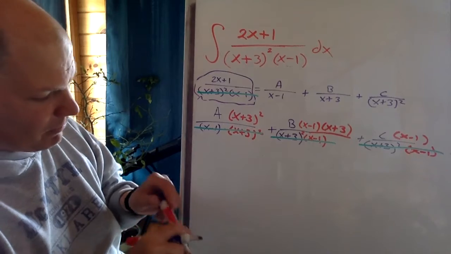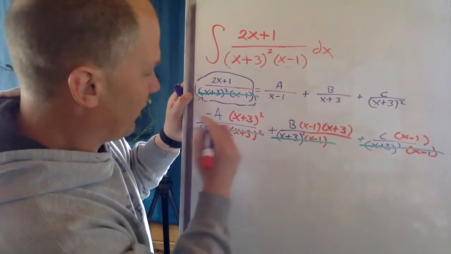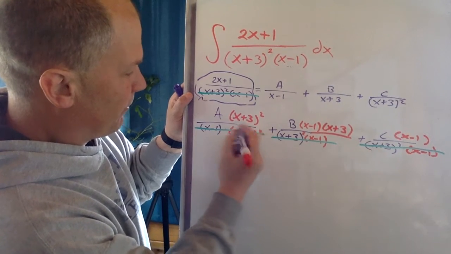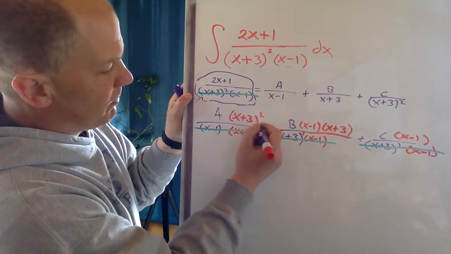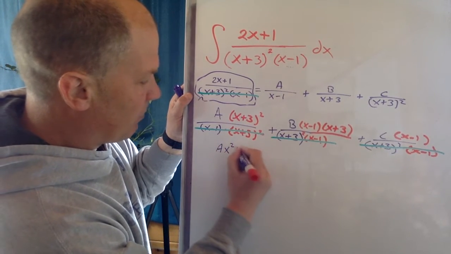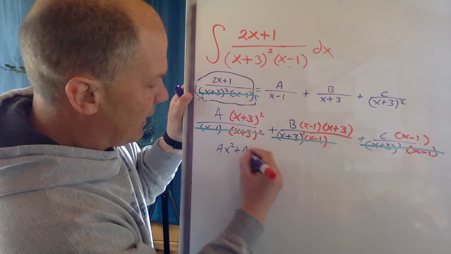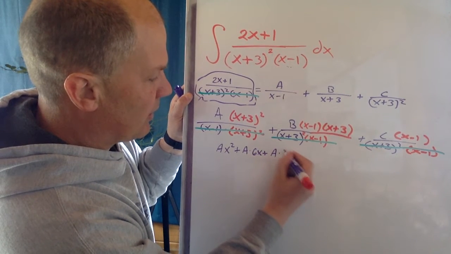Now what we need to do is start multiplying out the a, b, and c part of this. If I multiply this out, this is going to become x squared plus 6x plus 9. So it's going to become ax squared plus a times 6x plus a times 9.